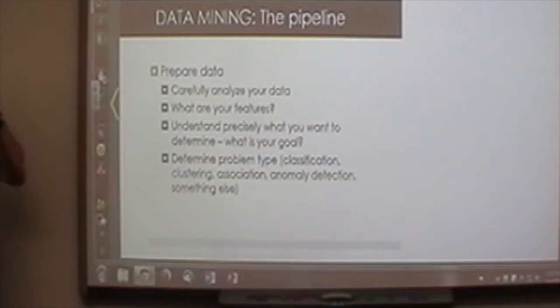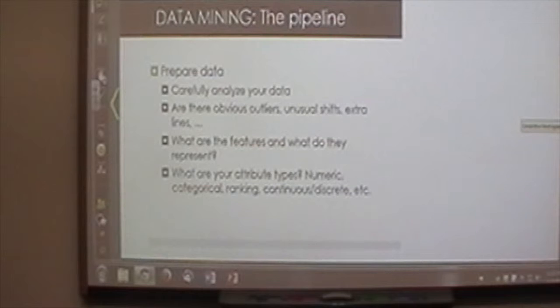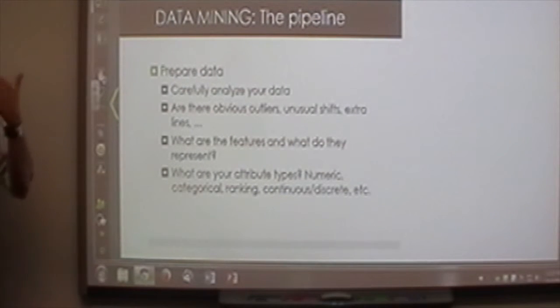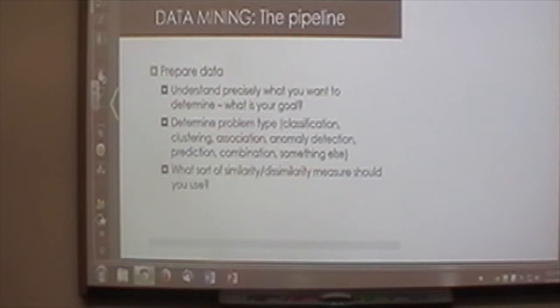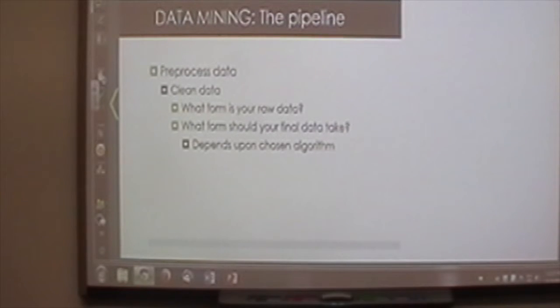So determine the problem type, what does the data look like? In our cases, they're both going to be classification problems. What sort of similarity measure should you use?